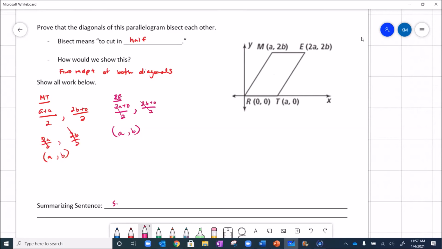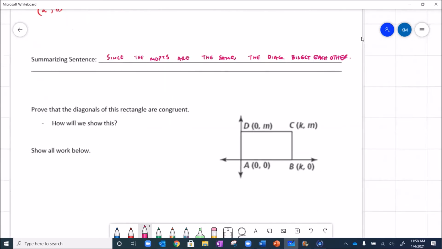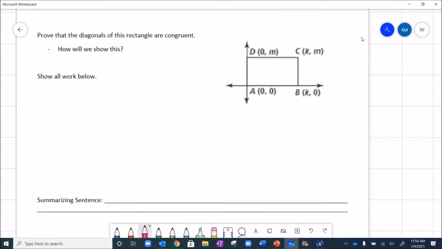So since the midpoints are the same, that means that the diagonals bisect each other. All right. And so there we go. That's what you did, show the work, and then summarize the work.